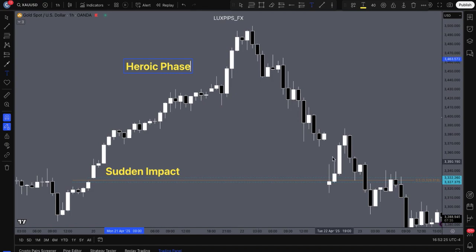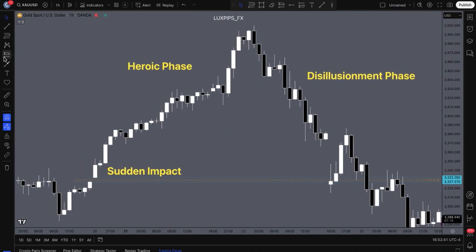The attraction back to the sudden impact, your disillusionment phase. Very clear and simple, and visible, right? Beautiful MMXM.